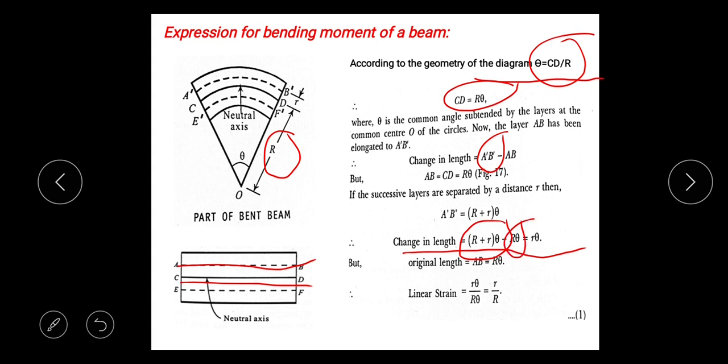So by subtracting we get it is equal to r theta. The original length of the beam AB is equal to R theta. The linear strain definition we know, it is the ratio of change in length to original length. So change in length is r theta divided by original length, which is R theta. You cancel theta. So we get linear strain is equal to r by R.